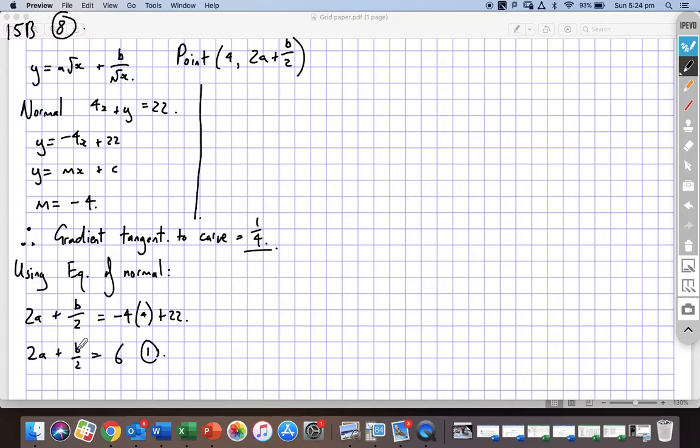Like if b's 1, then I'd be plussing a half to get to 6. I could say this part has to be 5.5, but then b could be, I don't know, 4. So there's an infinite number of possibilities. I need two equations to limit what a and b can be.